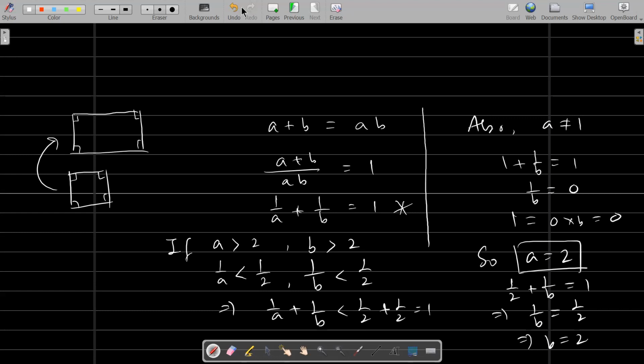Nimal, do you have a doubt? Sir, I can't understand how A plus B divided by AB is equal to 1 by A plus 1 by B. Okay. Just a minute, I'll go to a new page.